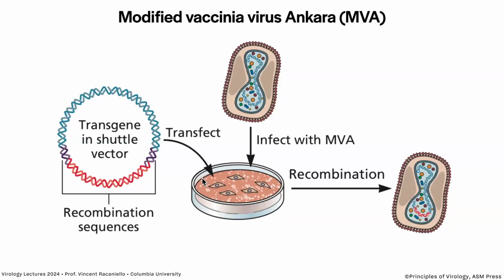So you introduce the plasmid into cells by transfection. You then infect with MVA. The DNA will recombine into the viral DNA, and out will come recombinants. You can see on this picture here, this viral DNA, which is mostly blue, has the red insert there. So these are relatively easy to make.